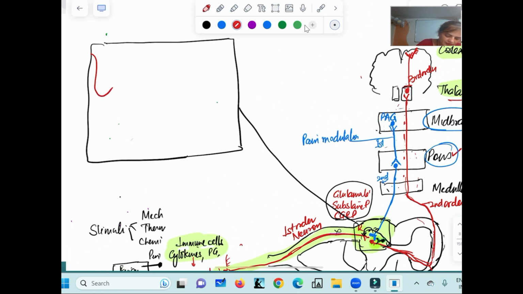So the presynaptic primary afferent neuron. This is the dorsal horn of the spinal cord, the substantia gelatinosa of the dorsal horn of the spinal cord, which I have drawn. Okay?